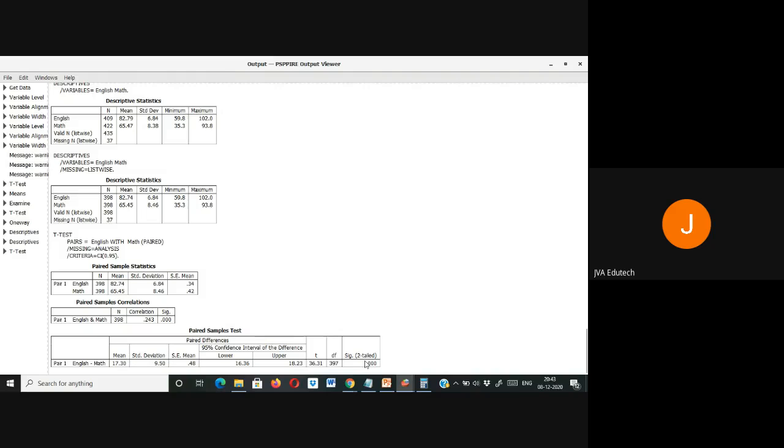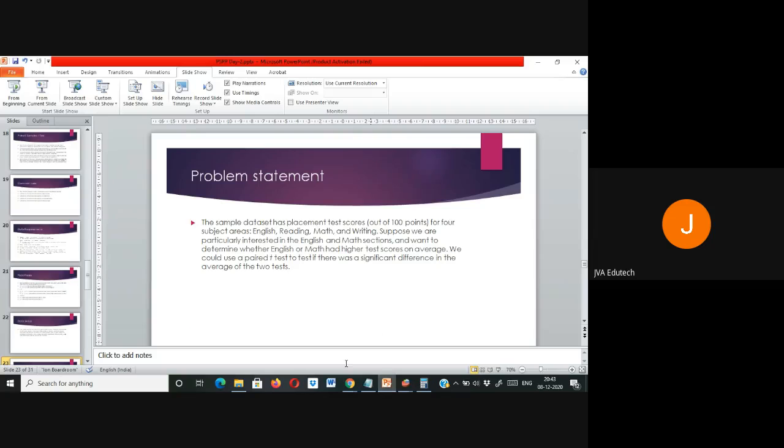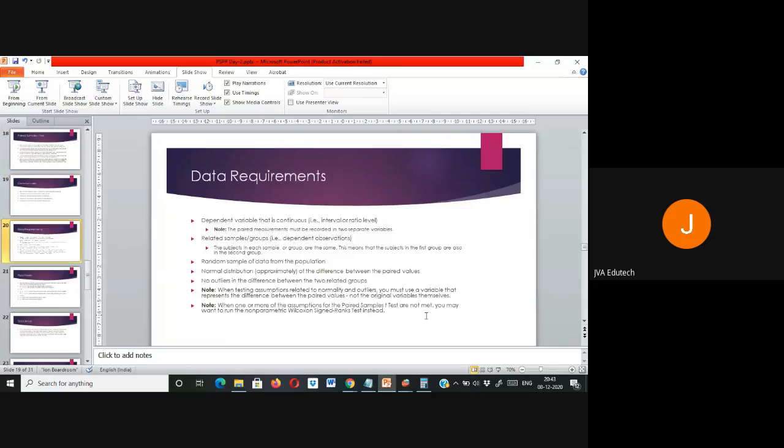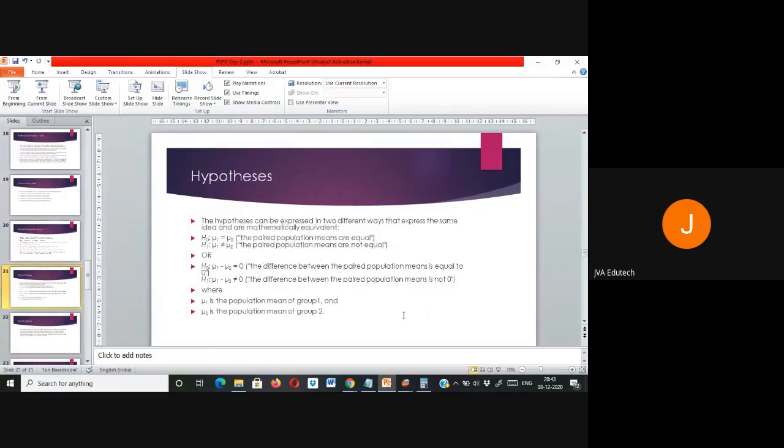So null hypothesis rejected tells me that the mu1 is equal to mu2 situation is not fulfilled. Means this hypothesis is rejected. So it tells that there exists a difference between the math scores and the English scores of the students.